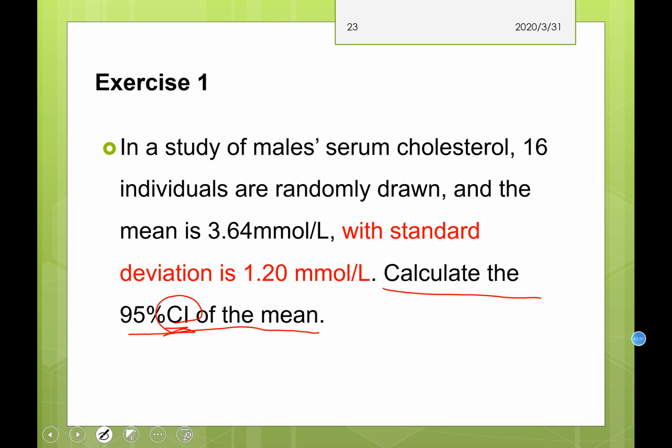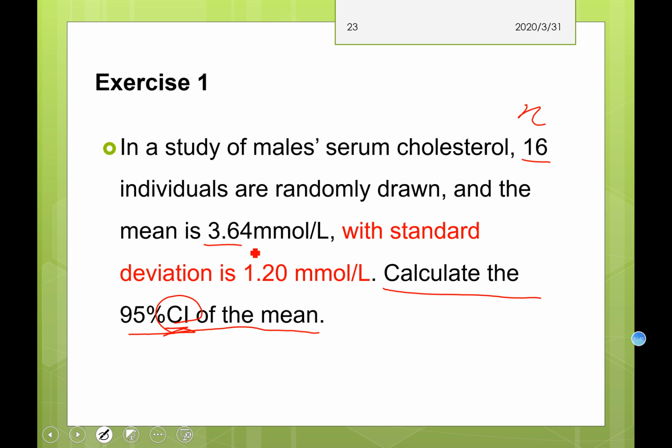So here, let's analyze the information which is given in the question. So this one, 16 individuals. That means this is the sample size. N equals 16, right?